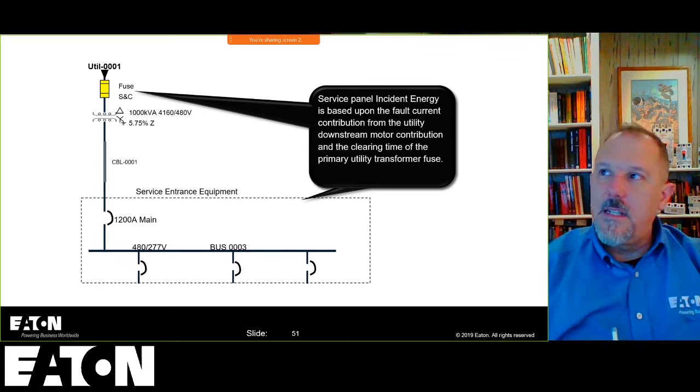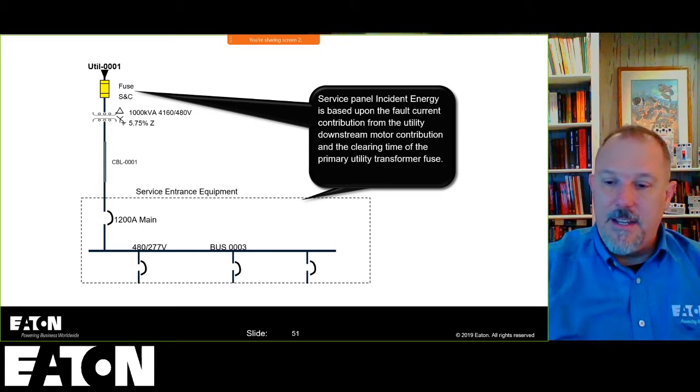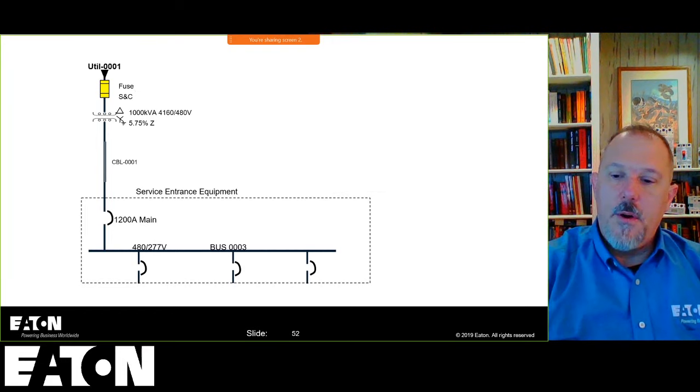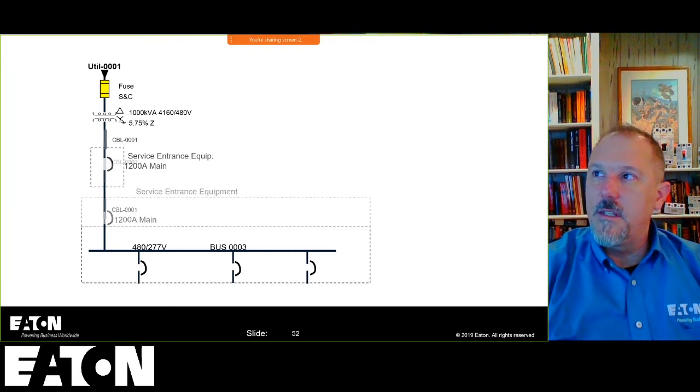I had an SNC fuse, I had a 1000 kVA transformer, and I was doing an analysis for a customer. And I just used my little diagram that I sent him, as in my class, for this. But that number, the incident energy, is going to be based upon that primary overcurrent protective device.